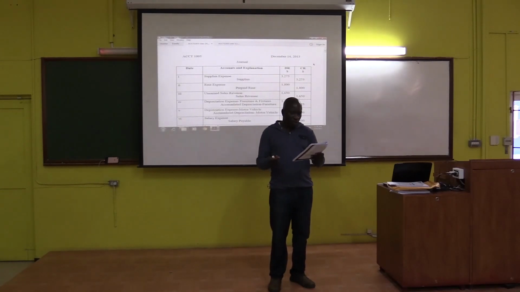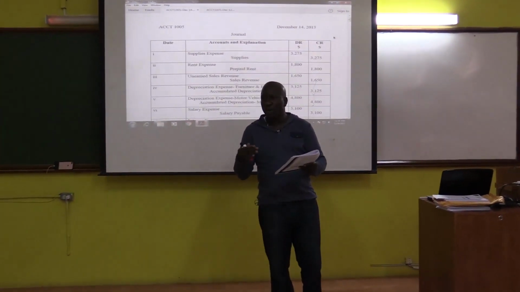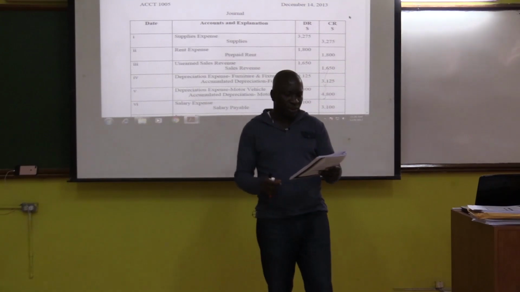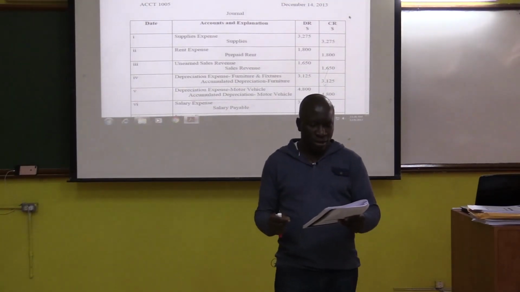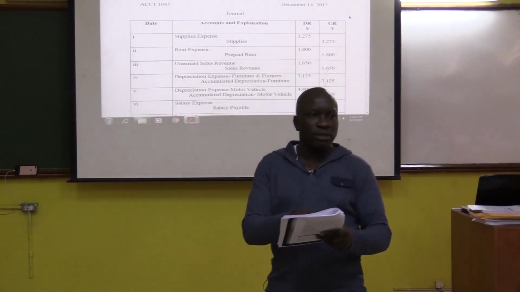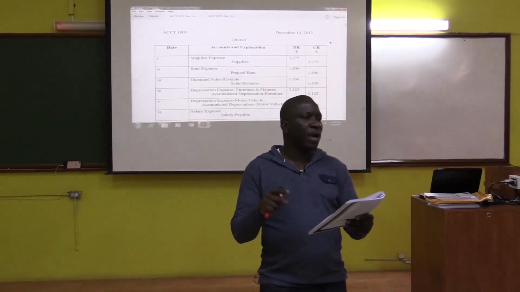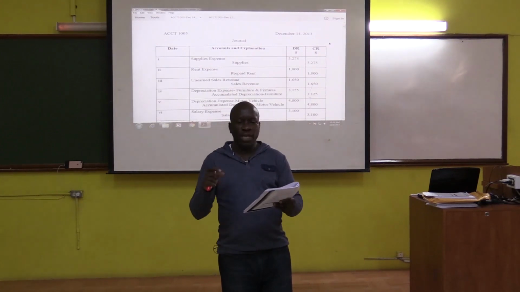So we can just take note of that to make things easy for us when we're actually going through the questions in the exam. Let me go over that again. On the trial balance, from cash all the way down to withdrawals relate to balance sheet items. Meaning all those items, we're supposed to put them in the balance sheet.